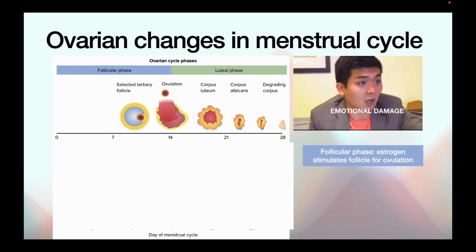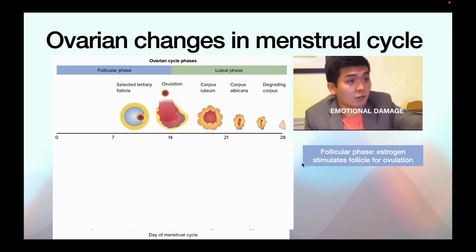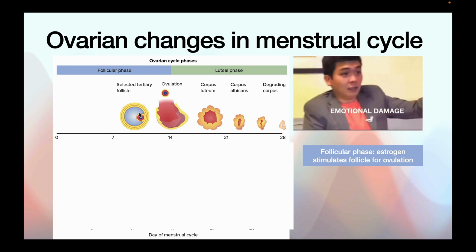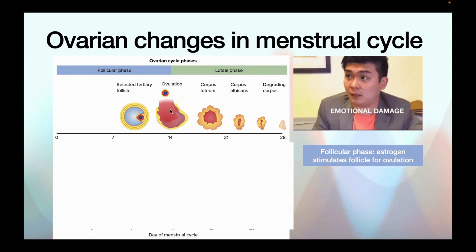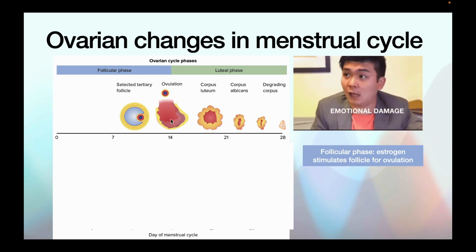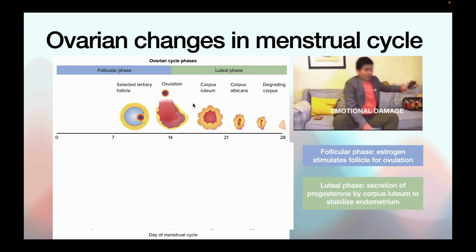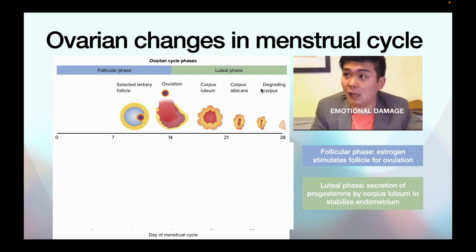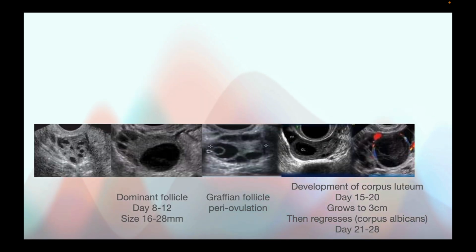With the follicular phase, that is driven basically by estrogen from FSH, and you go from multiple follicles to selection of a primary follicle, and that follicle will develop until you have ovulation, and that follicle becomes the corpus luteum, which signifies the luteal phase. And remember that the corpus luteum actually secretes progesterone during this luteal phase, and that helps to stabilize that endometrium for implantation for pregnancy. So on ultrasound, this is what you would see.